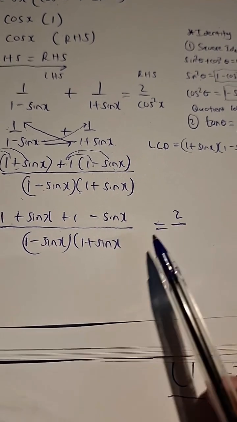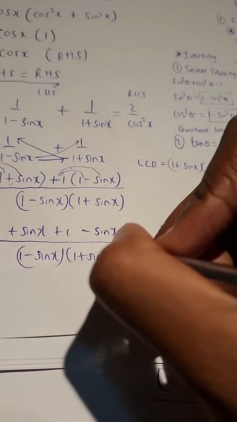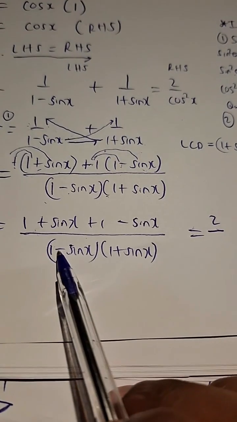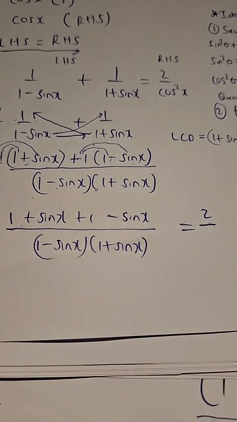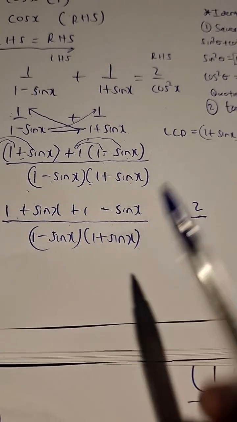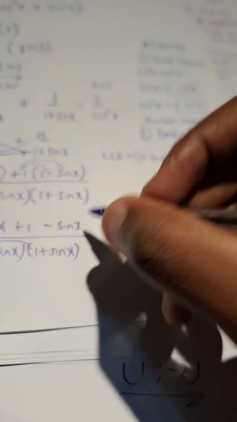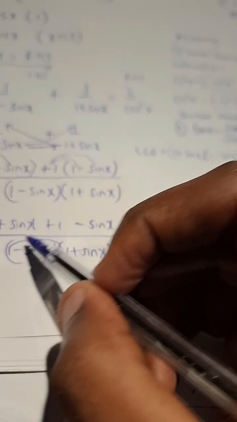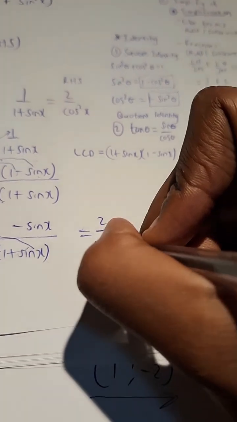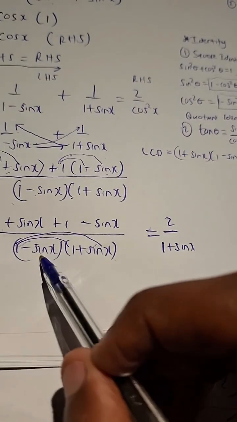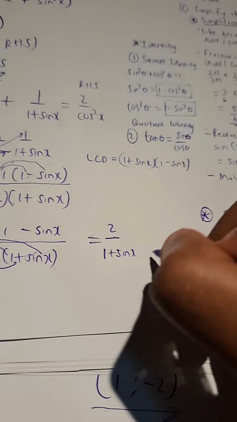And then this here at the bottom, I can actually FOIL, multiply out. If you see 1 minus sine x into 1 plus sine x, what's 1 times 1? That is 1. 1 times sine x, because I FOIL, that's a plus sine x. Negative sine x times 1, that gives you negative sine x.